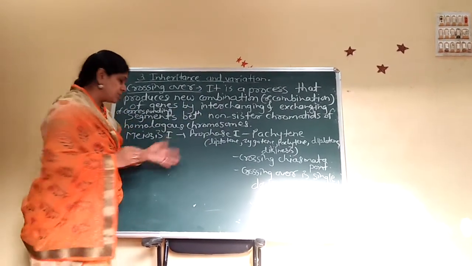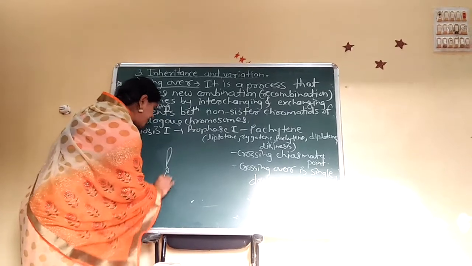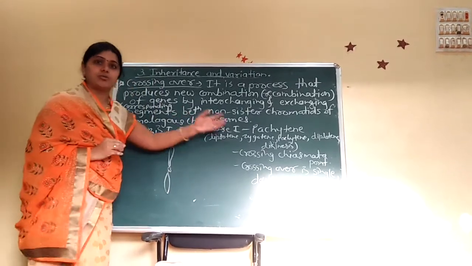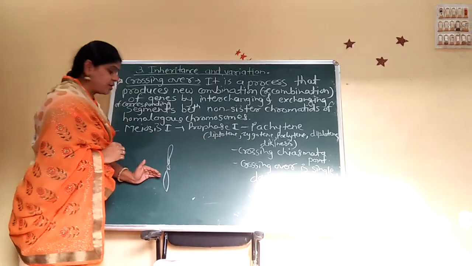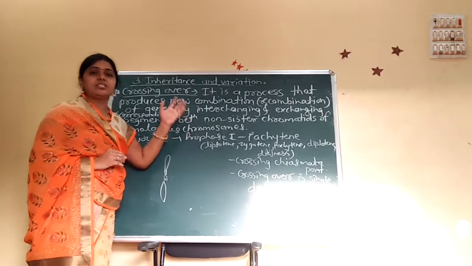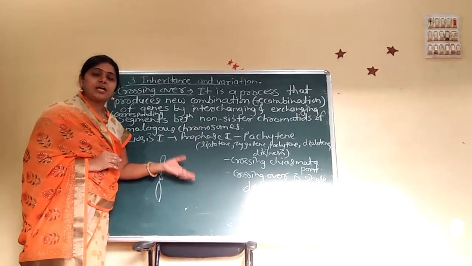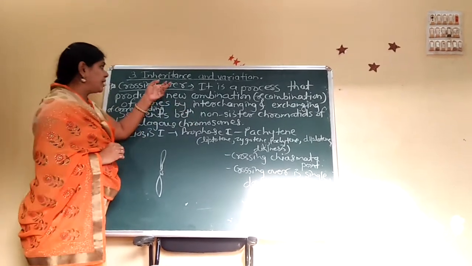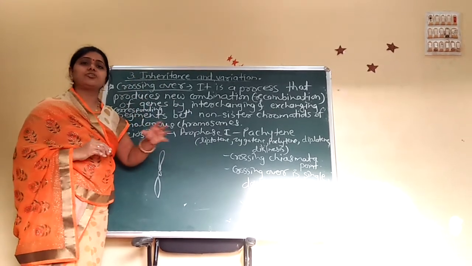The genes on the chromosomes get separated by crossing over, and that phenomenon is called crossing over. This crossing over was discovered by Morgan, and Morgan said that crossing over is the separation of linked genes.